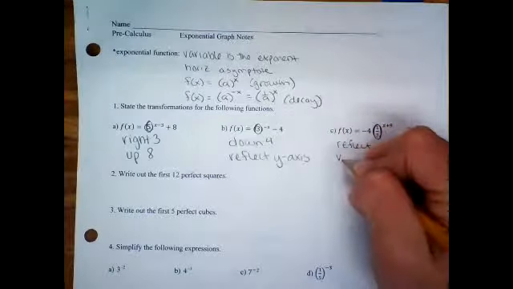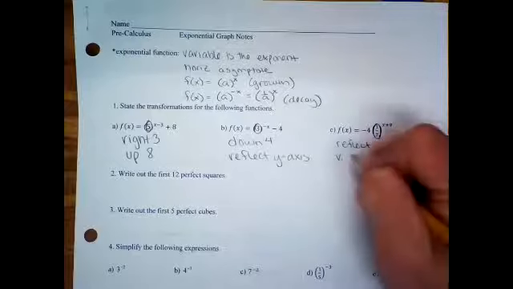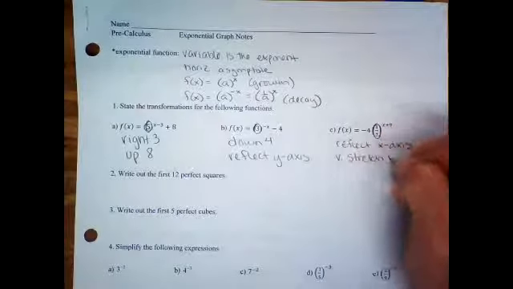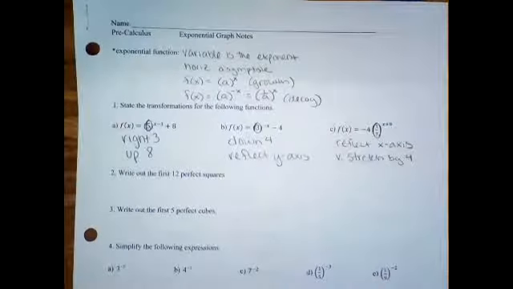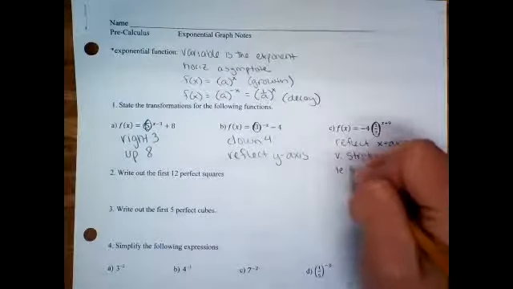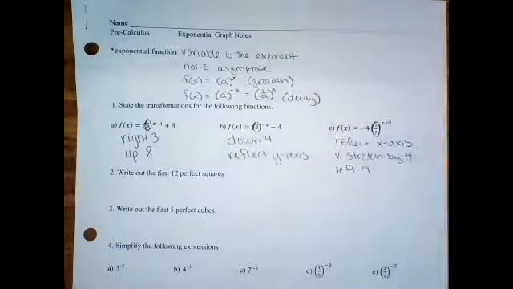I'll give you a hint. It's a vertical something or other. Good, perfect. Vertical stretch by 4, so it's 4 times as tall. And then that +9 is inside. That's kind of backwards. It would be left 9. Perfect. So just remember the base doesn't cause a transformation.